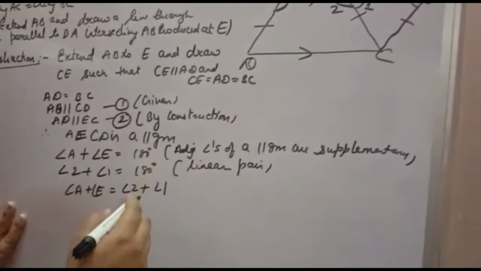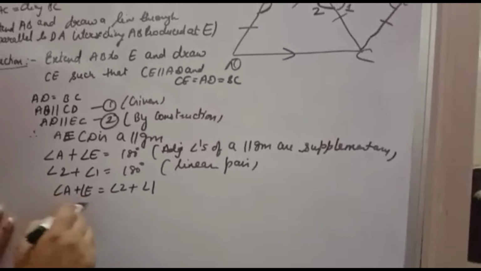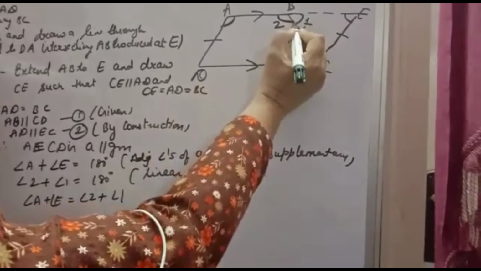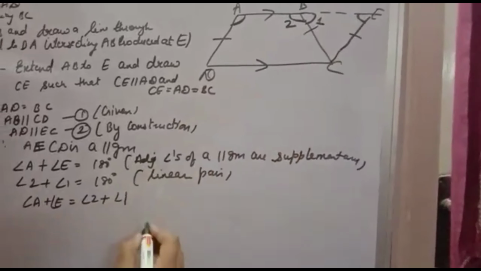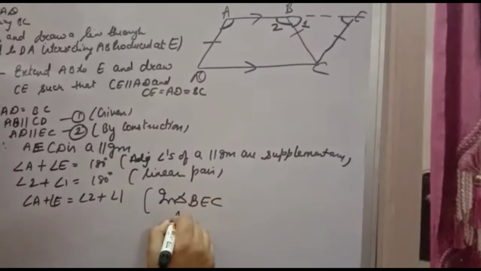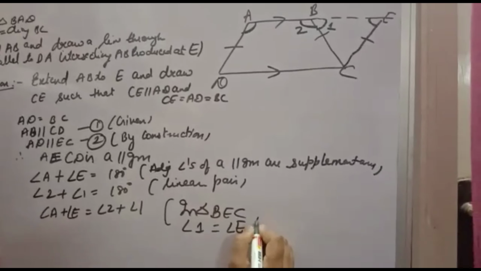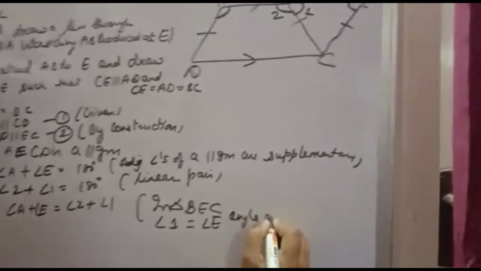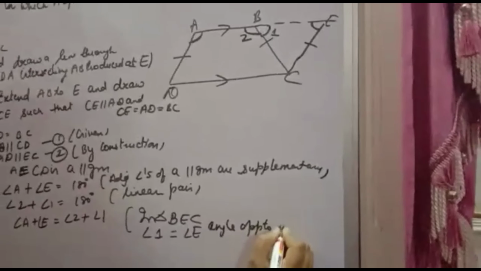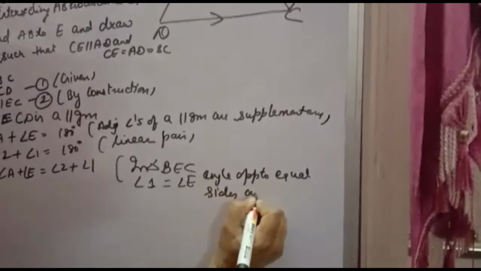These are equal. Now you have to prove angle A equal to angle 2. Angle E is equal to angle 1, because in triangle BEC, angle 1 is equal to angle E, since angles opposite to equal sides are equal.